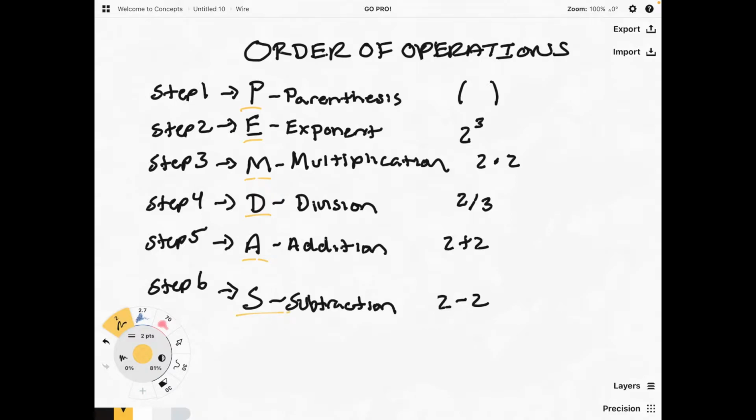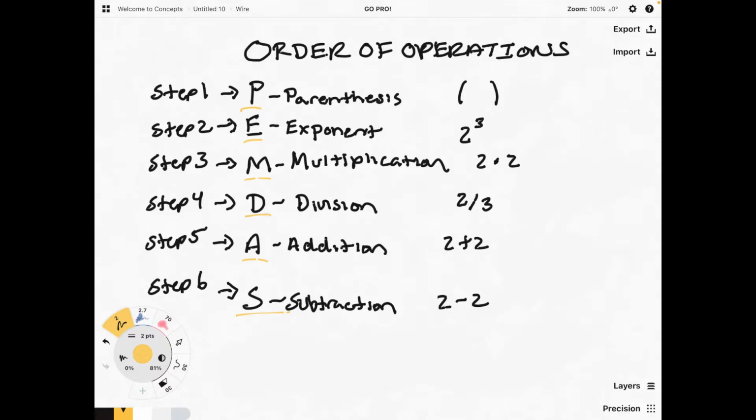That's the way I was taught growing up, and it's worked very well for me to remind me of the order. So P parentheses, E exponents, M multiplication, D division, A addition, and S subtraction. These are the steps you look at before solving the problem.